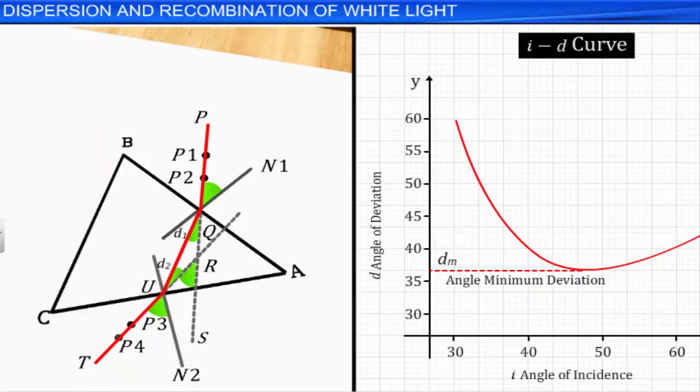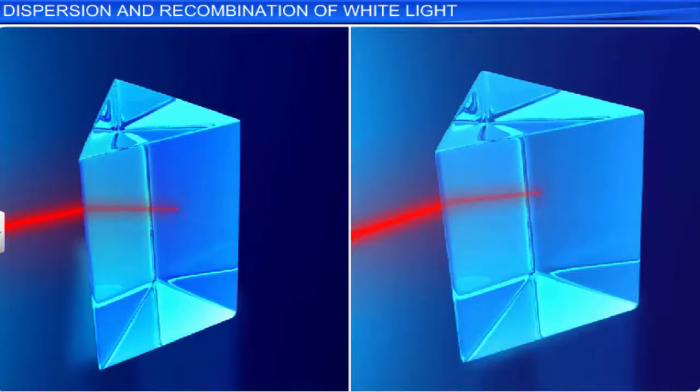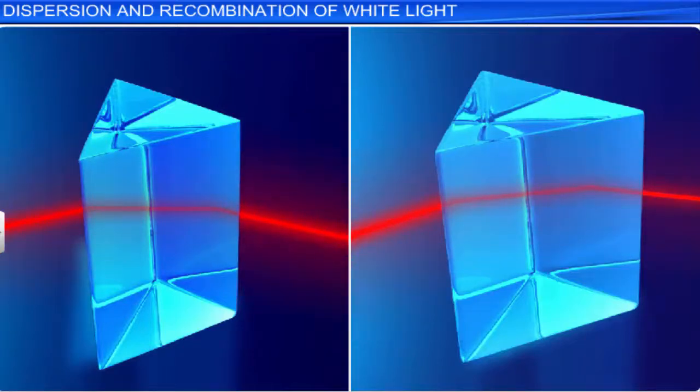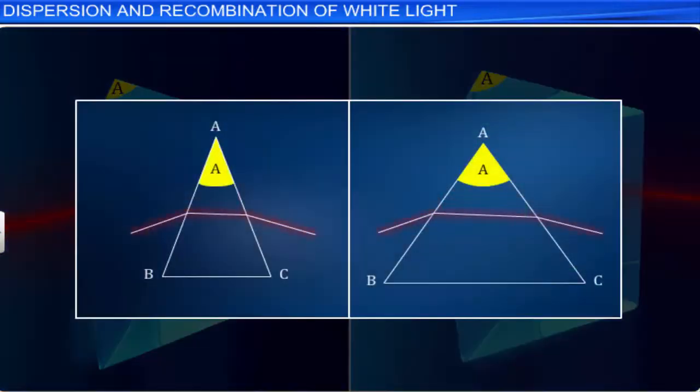Let us now perform the experiment with the prism with a different refracting angle, A. You can see that the angles of deviation are different from the values obtained earlier for the same color of light.